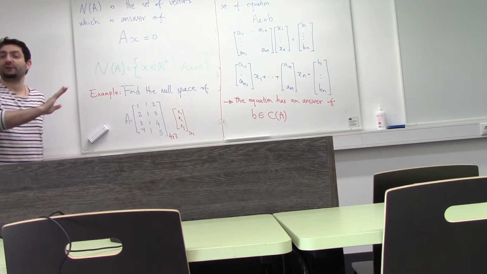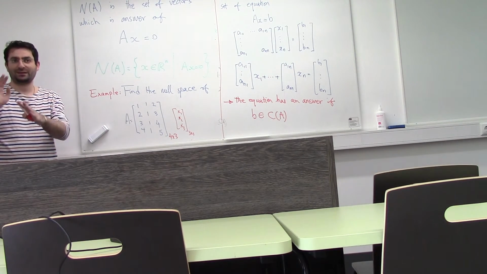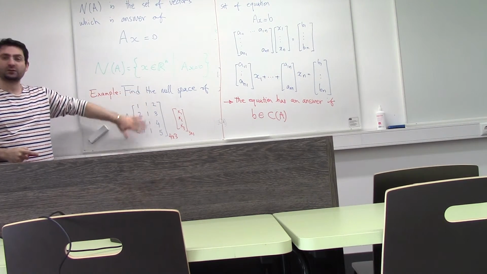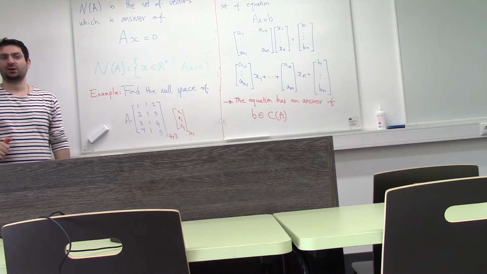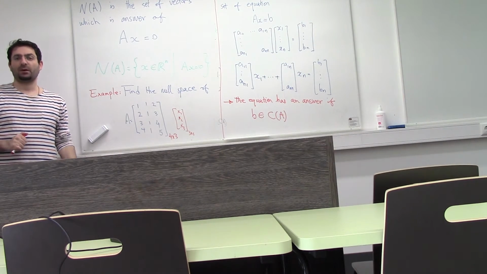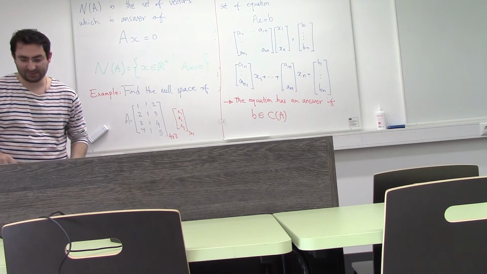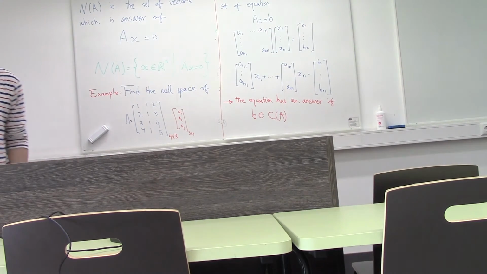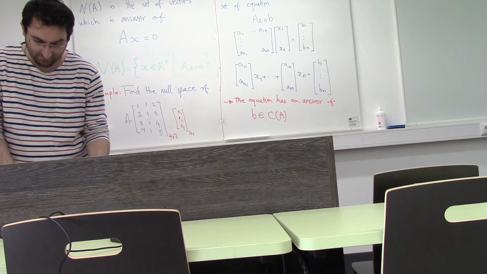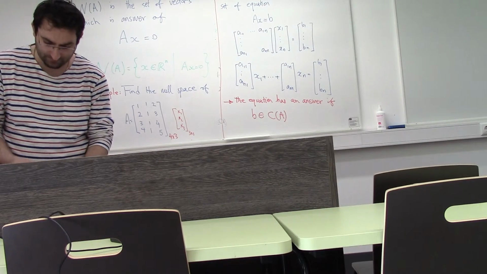Even if you didn't know that it will be in R3, if you start to find it, you will automatically find your answer in R3. But not only finding it, I want you to tell me geometrically what it represents. So think about it, and we will solve it next time in class.